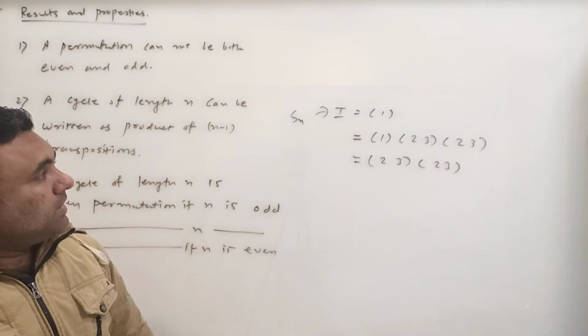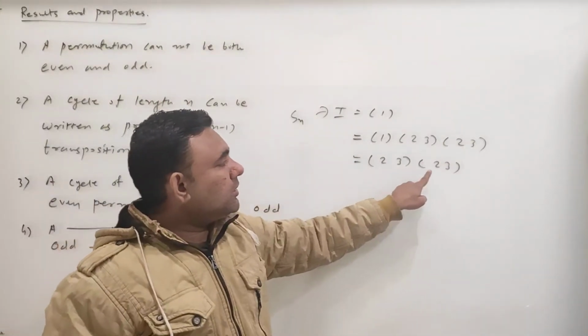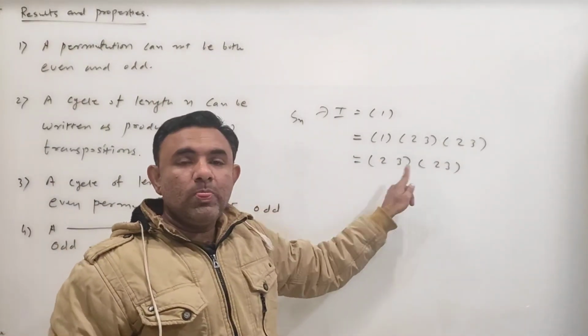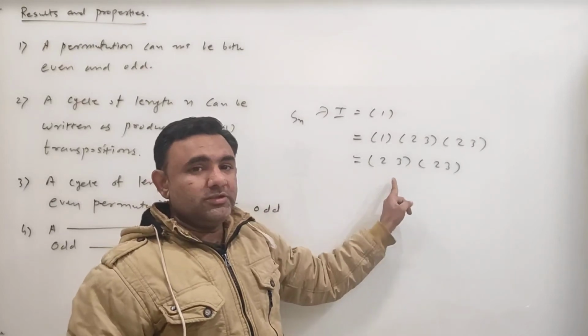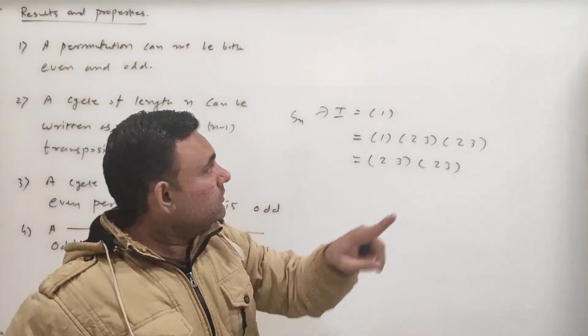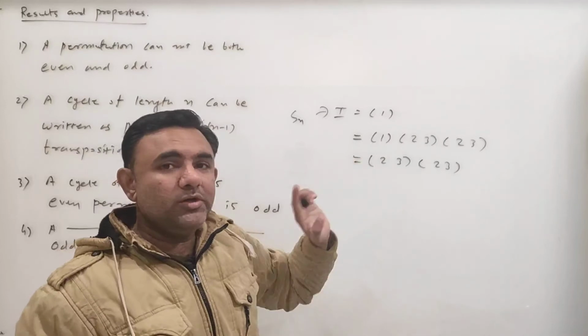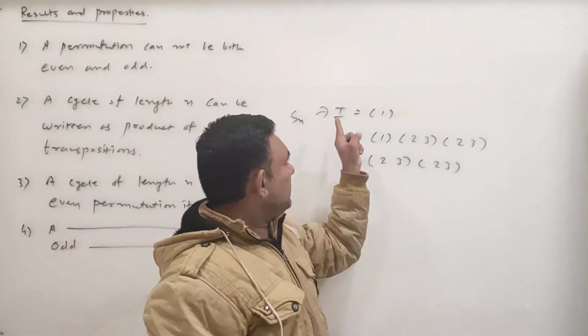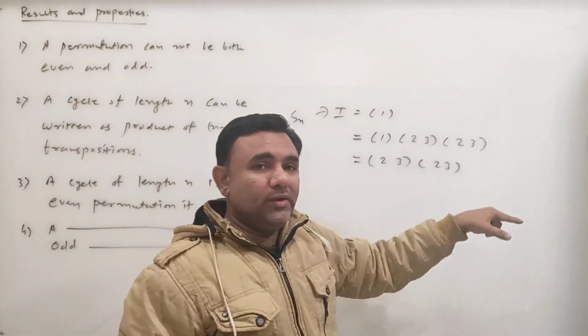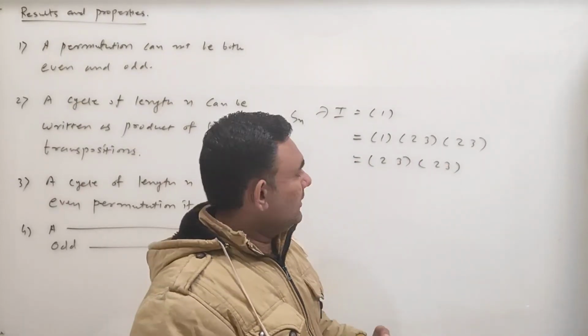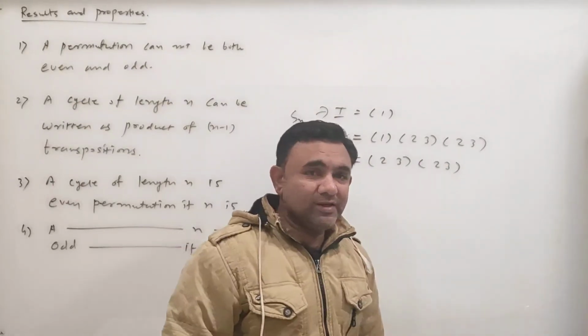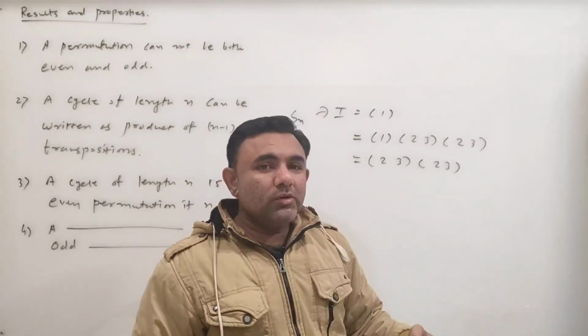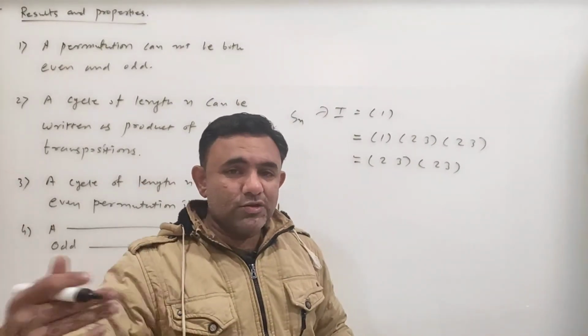So what I have? Identity is a product of 2 transposition. And 2 is even. So I is what? Even permutation. Right? And suppose if I want to write I in another way as a product of transposition, then I have to insert 2 transposition at a time. So 2 plus 2 is 4, 4 plus 2 is 6, and so on.